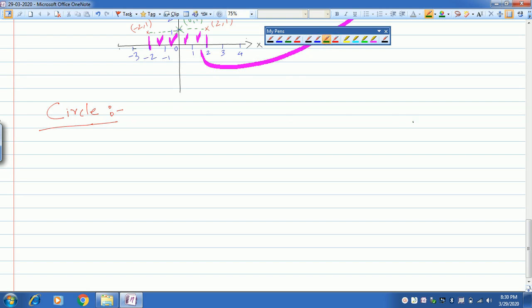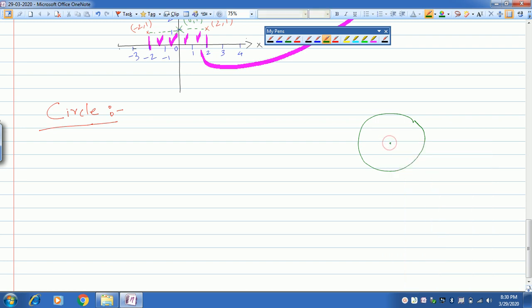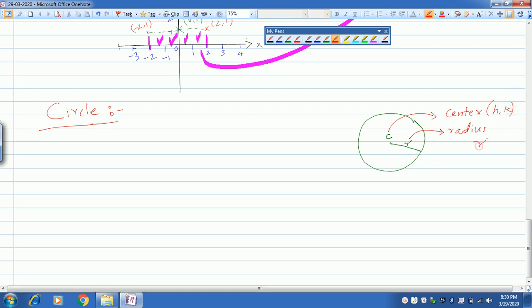Actually, the circle is a round shape, right? And this is my R and this is my C. What do you mean by R? R is nothing but the radius, and this is my H comma K, and this is R.